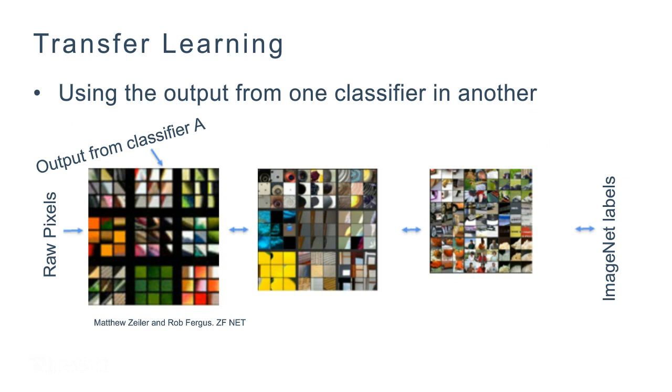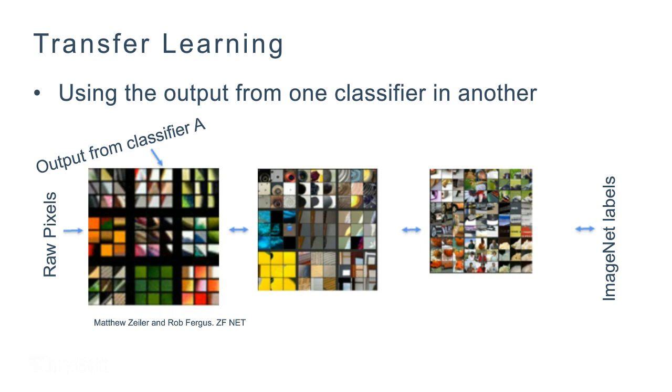The first is the kind that's historically been most widely used. You're using the output from one classifier as the input into another. Imagine that this is an image recognition task, and these different boxes represent different layers in your model. You have raw pixels going into the first layer.